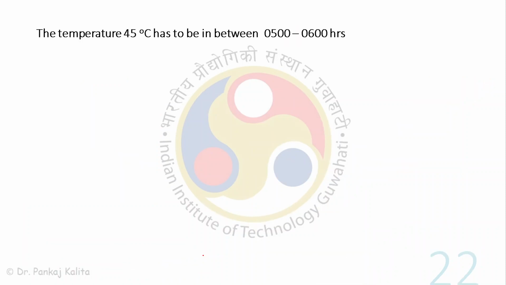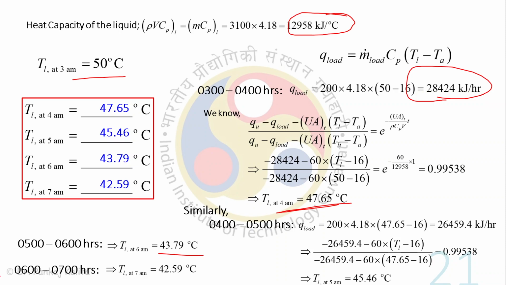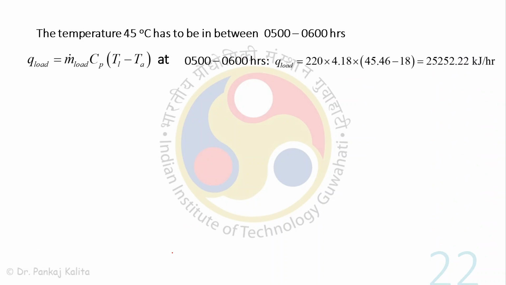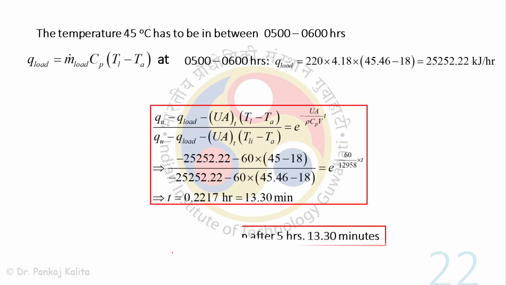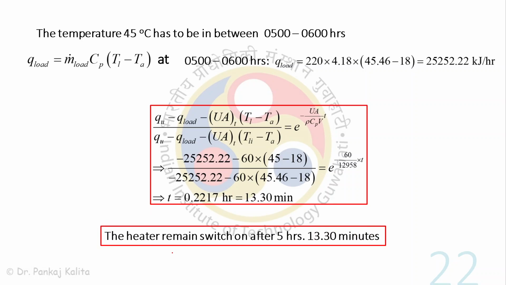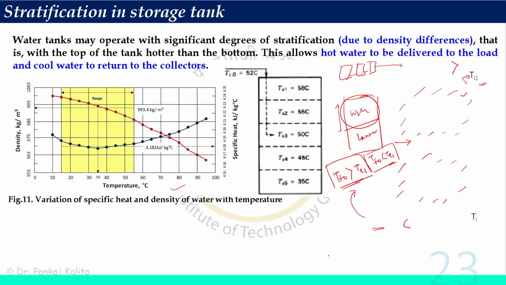So the temperature, between 5 and 6, you see this. So the heater remains switched on after 5 hours for 13.30 minutes.